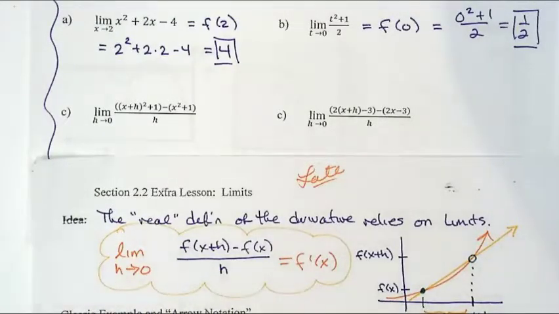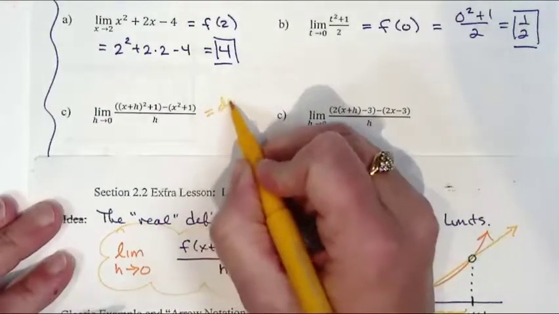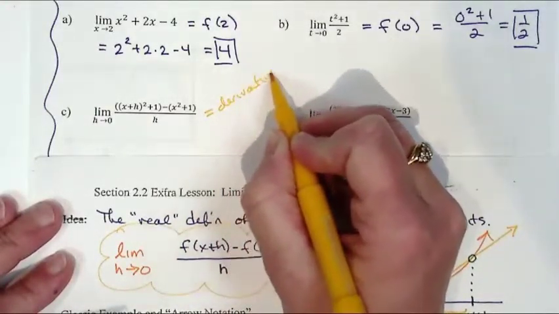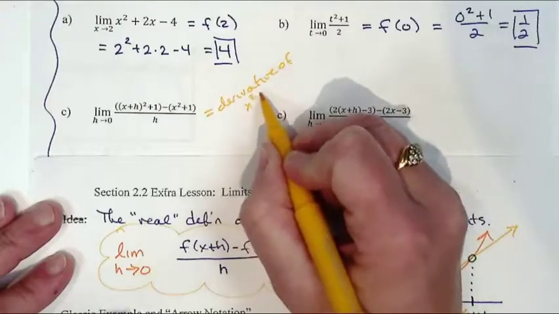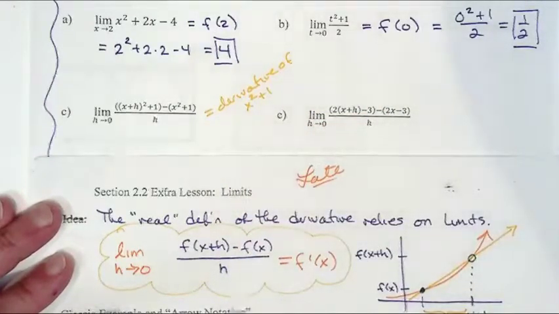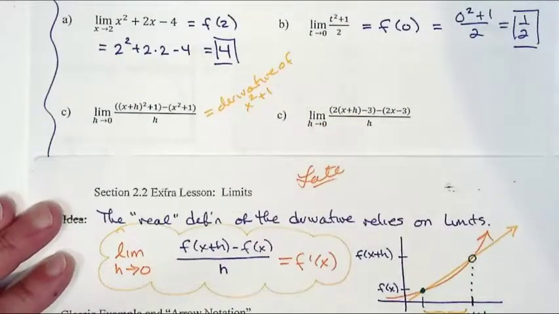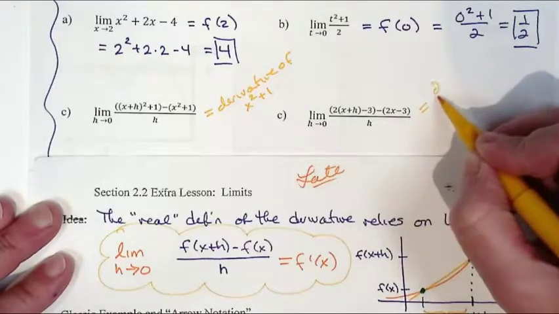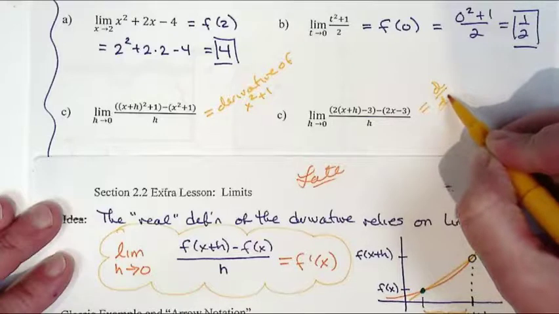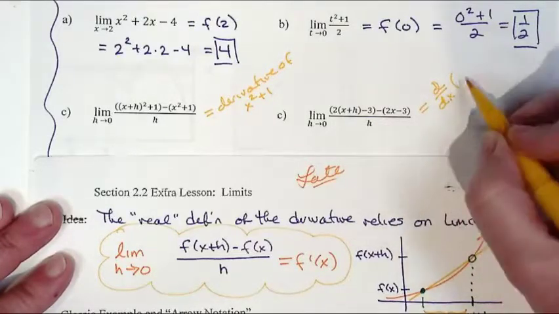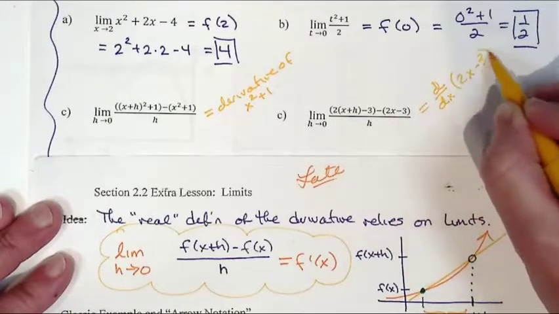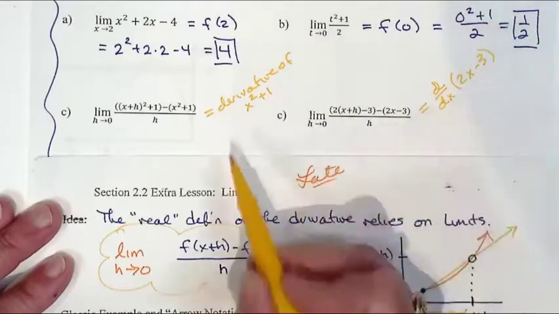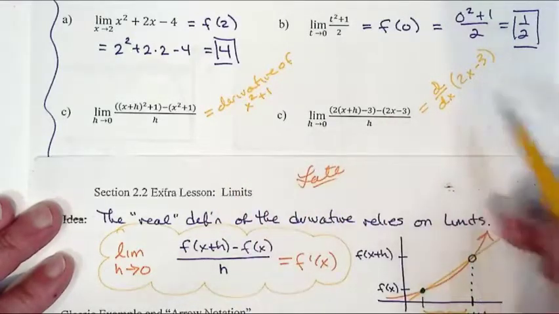The first one is actually computing the derivative of x squared plus 1. It's mathematically computing that derivative. And this limit over here is the derivative, in the new notation that you're about to learn, of 2x minus 3. We're about to learn this notation, but it just means the same thing.